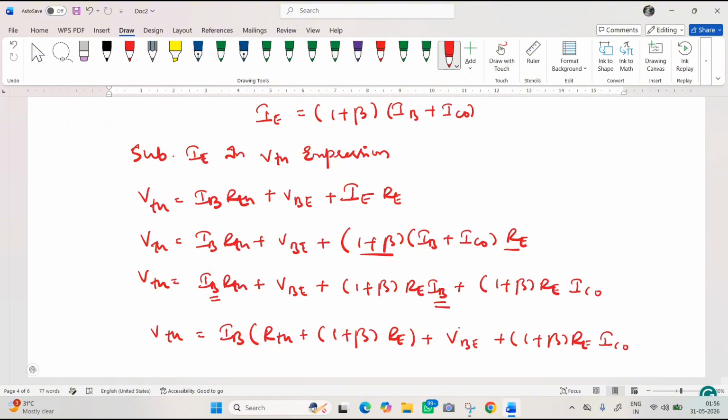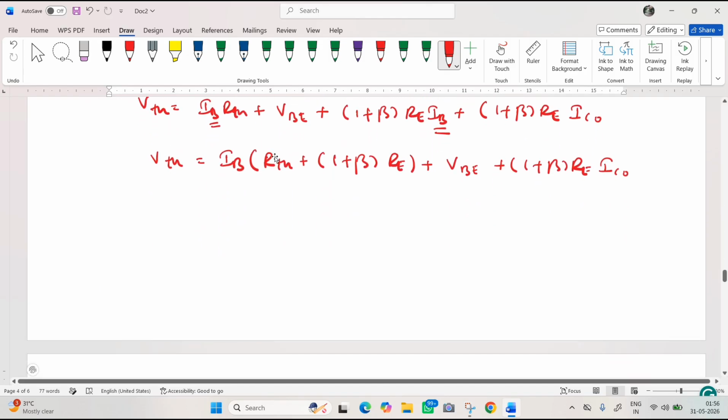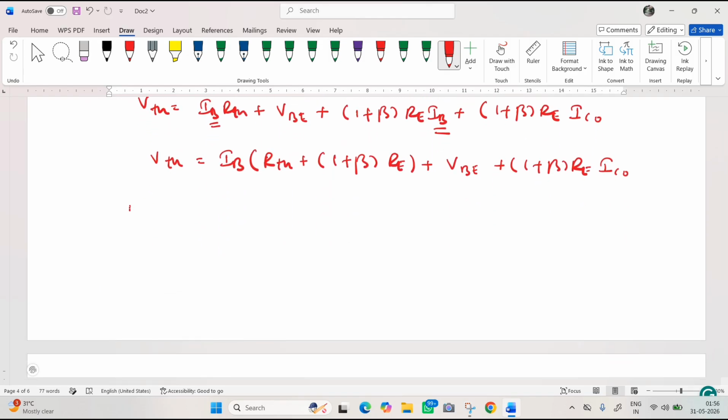Now, if you see here in this expression again, let me write IB on this side. IB times RThevenin plus 1 plus beta times RE is equal to, I'm sending this onto the other side.